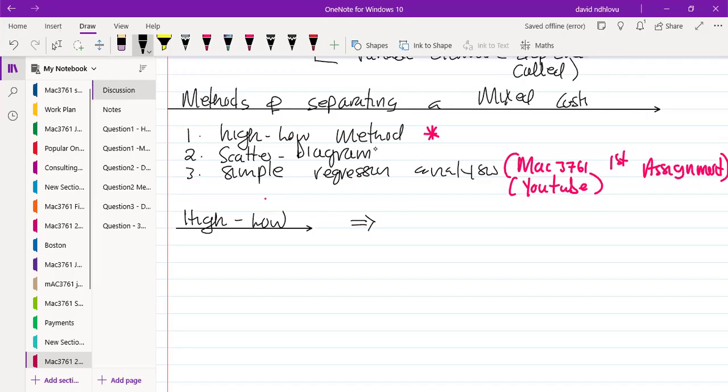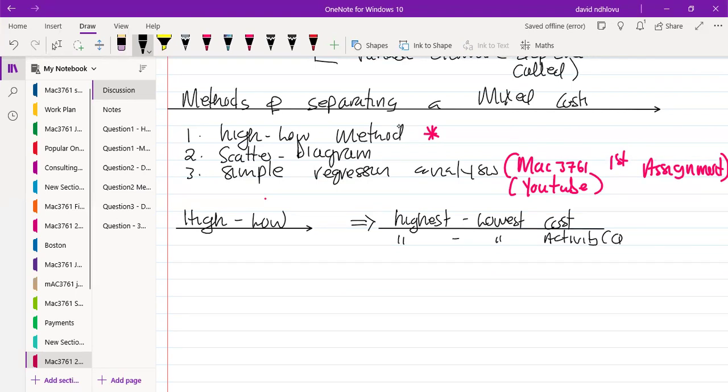Right, what is our formula for the high-low method? The formula is very simple. You look at the highest minus the lowest cost, and then you divide that by the highest minus lowest activity.